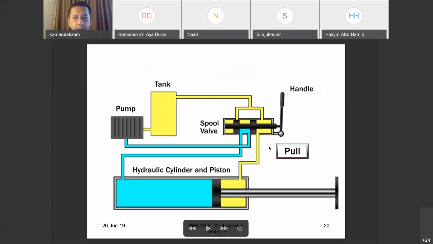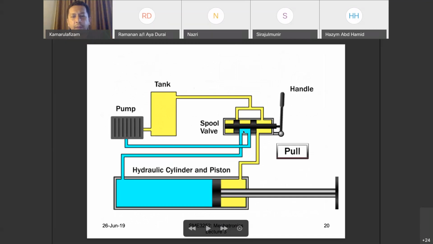This is basically, I would say, contoh sistem hidrolik lah. Okay, you have a pump kat sini, and then this is the tank ataupun your punya accumulator. Okay, pump akan tarik supply kepada your punya valve.